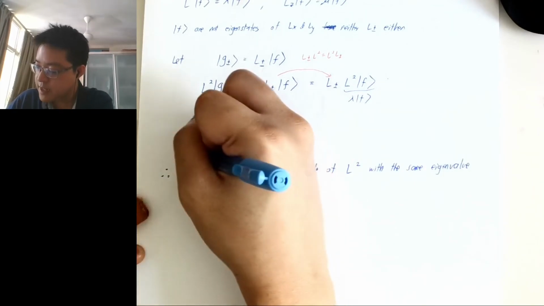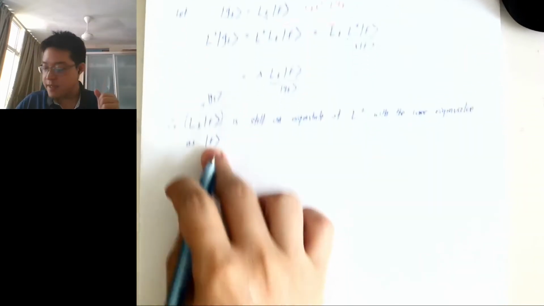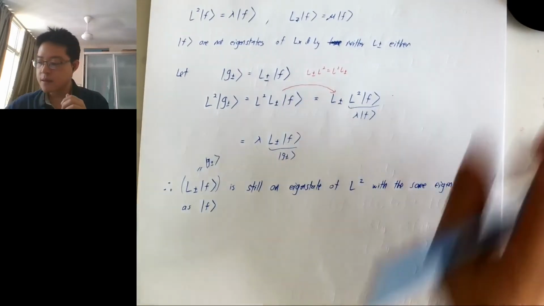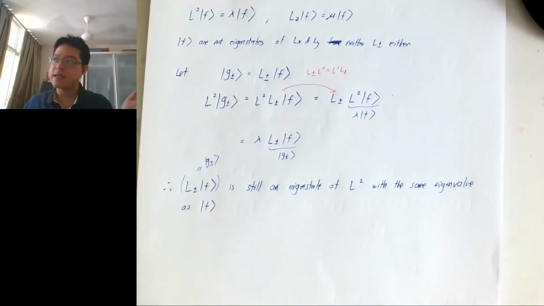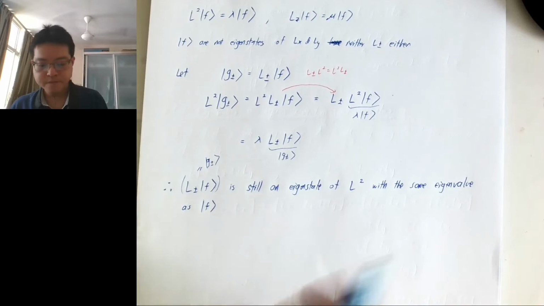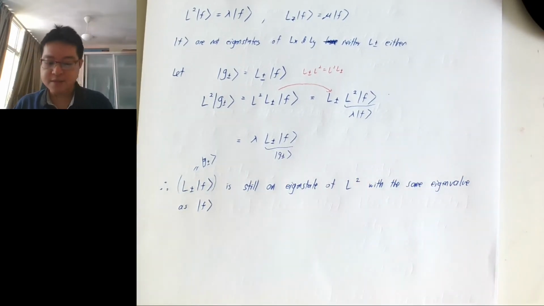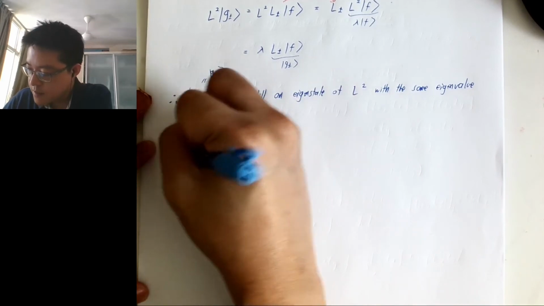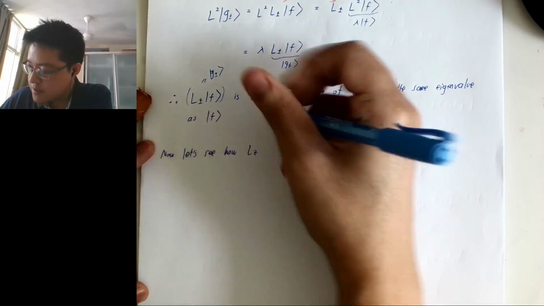So this is a new state, which we call g, but whatever it is, it is still an eigenstate with the same eigenvalue. That is the first hint that L squared has multiple eigenstates that might have the same eigenvalue. Then let's see what happens when we play with Lz now. Let's see how Lz works with g.